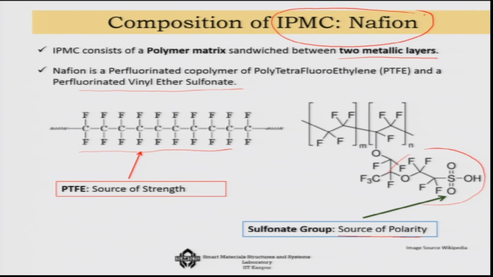Perfluorination is a process where all the hydrogens, say for example in ethane or methane, are completely replaced by fluorine. That is perfluorination of the system. Perfluorination gives us better strength, and in addition it gives us polarity, and it can hold the sulfonate groups, which are used for picking up these ions that we are talking about.